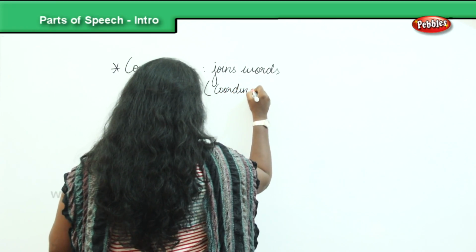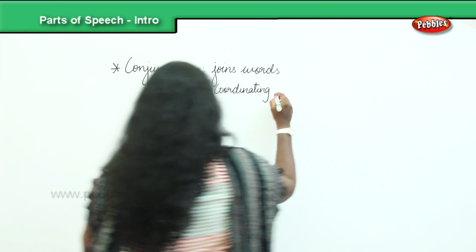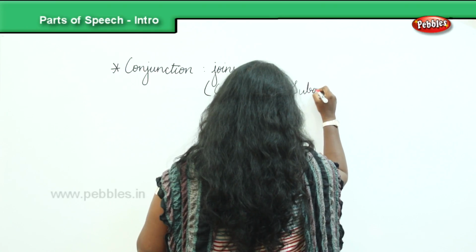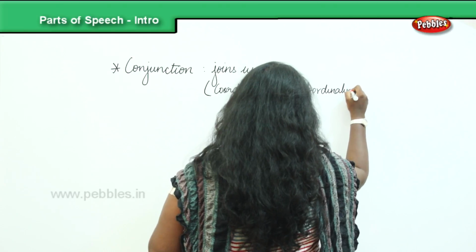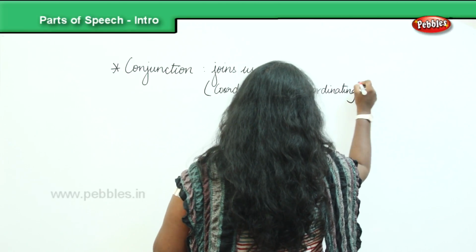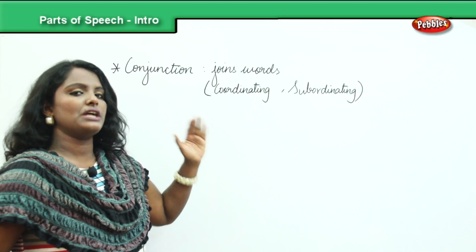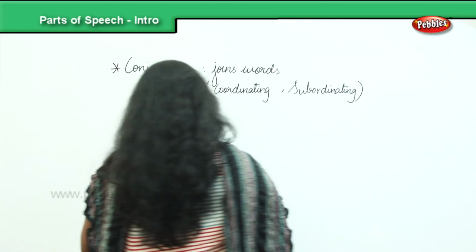Coordinating conjunction and subordinating conjunction. Since you had learnt about these in the previous grammar sessions, I'm just going to go ahead with an example for each.